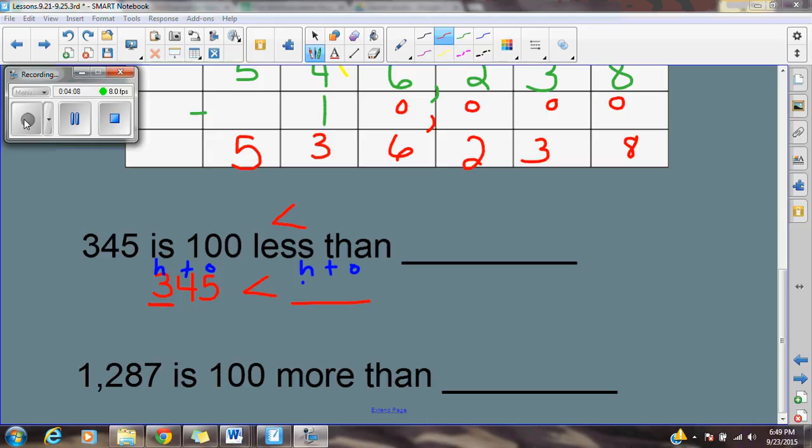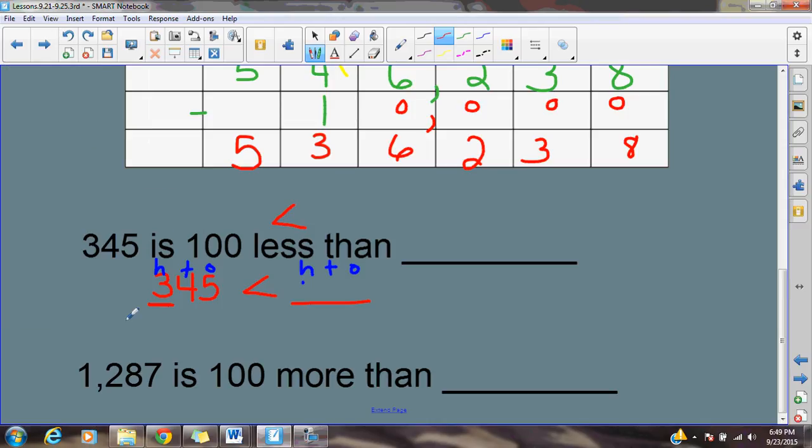Sometimes you might see it worded like this, and I use smaller numbers so you could gain the concept. 345 is 100 less than. Sometimes they start like this, and if that's the case, writing it with symbols kind of helps you understand how to do this a little bit better. So 345, and I made a less than symbol like we just learned, and put place value words over each digit. So I see that I have 300s, and it says 345 is less than.